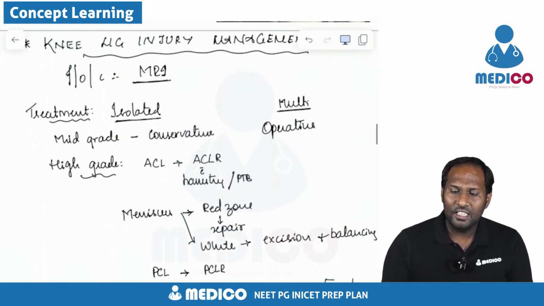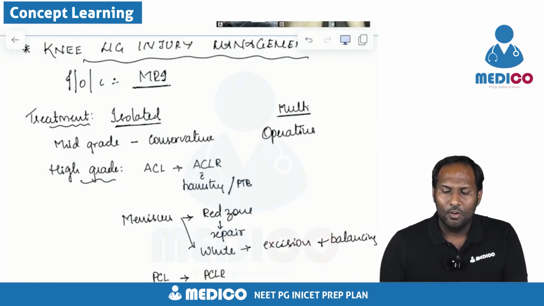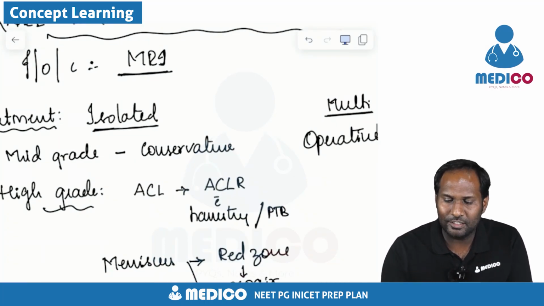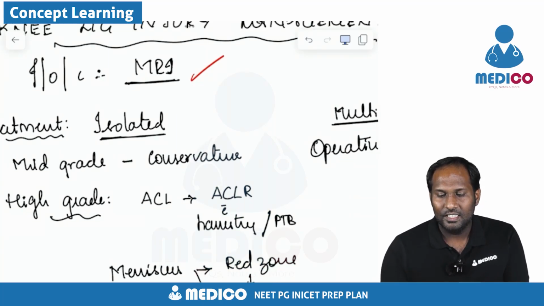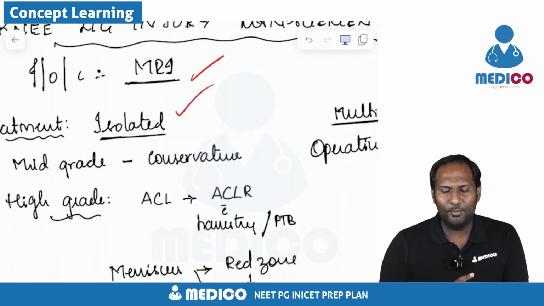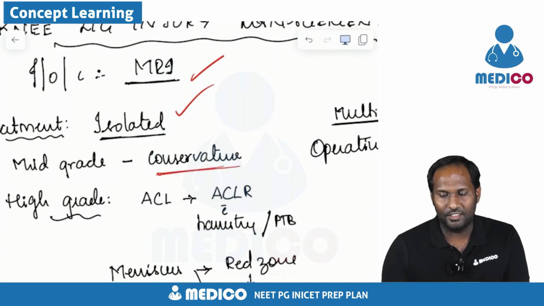In knee ligament injury management, what you have to understand as a whole is that for all the ligaments, the investigation of choice is MRI. Surgery-wise, if it is an isolated single ligament injury of mild grade, always try conservative management.